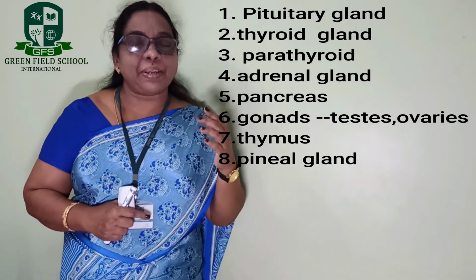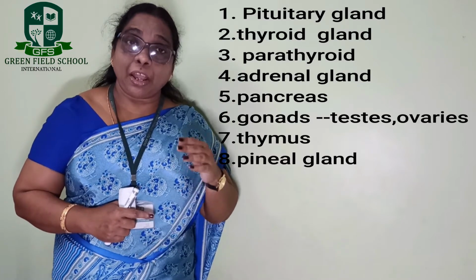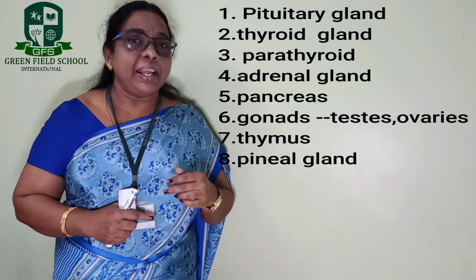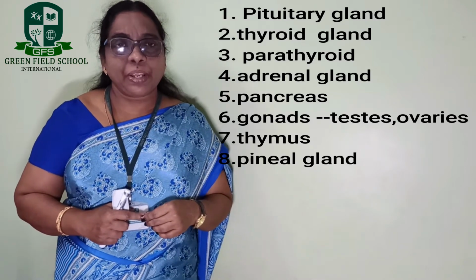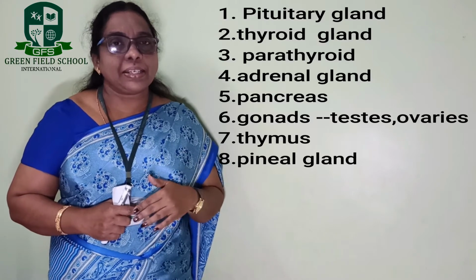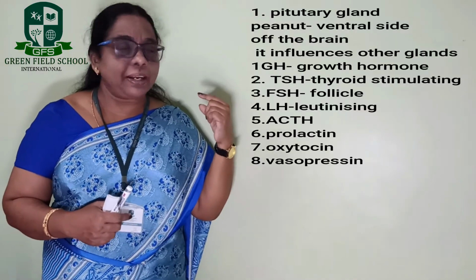Under the gonads, we are going to study the testis and the ovaries. Along with this, there are 2 more glands: the pineal gland and the thymus gland. All these glands we are going to study, and in today's class let me complete only the first 2 glands, pituitary and thyroid. The first gland is the pituitary gland.